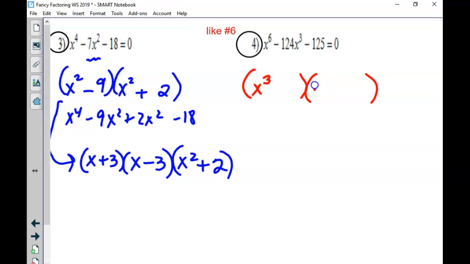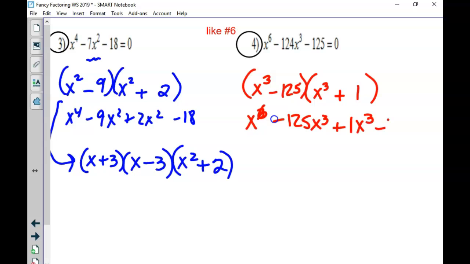X cubed and x cubed. Factors of 125 that would make 124. 125 and 1. Okay, -125 and +1. Does that work if I FOIL it back together? I would get an x to the 6th minus 125x cubed plus 1x cubed minus 125, which would work, right?